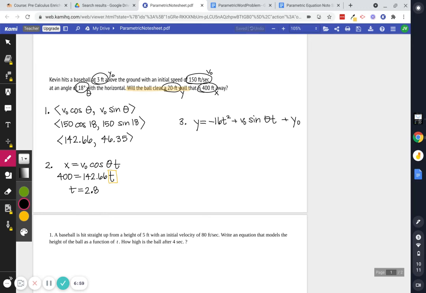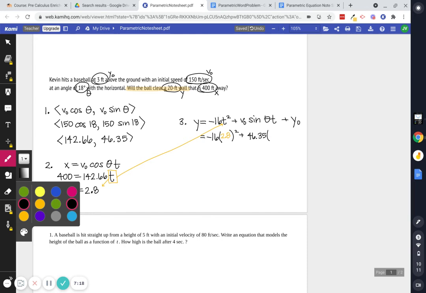But now I'm digging into y. I don't know what y is going to be, but I know that t is 2.8. So how high is the ball 2.8 seconds later? I'm going to plug in 2.8 and go from there.